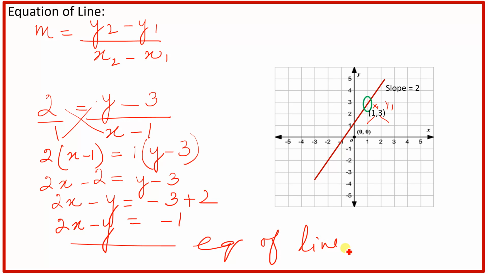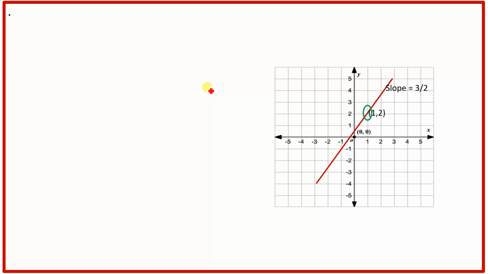If we have only one solution set given and the slope is given, we can find out the equation of line. One more question, same thing, again one solution set is given. So m equal to y2 minus y1, this is the formula for slope, over x2 minus x1.